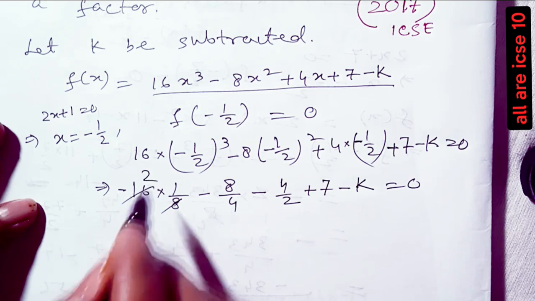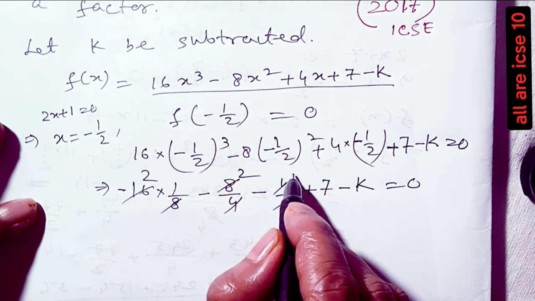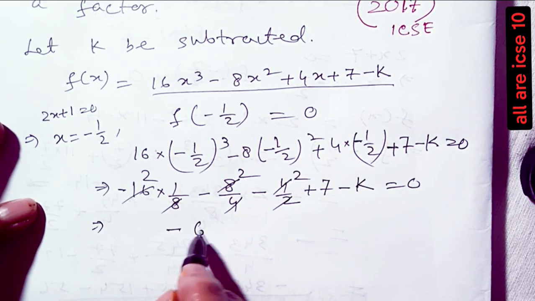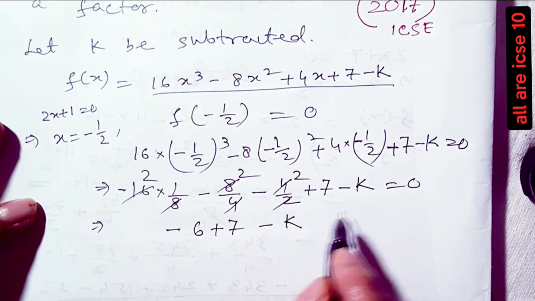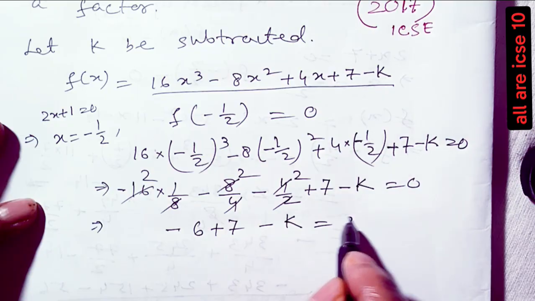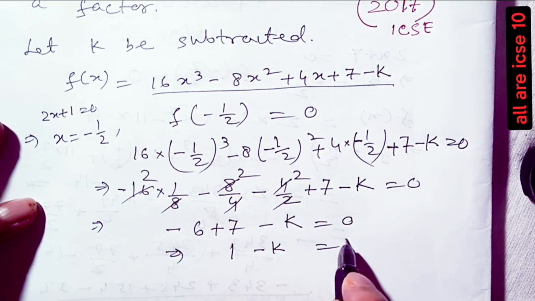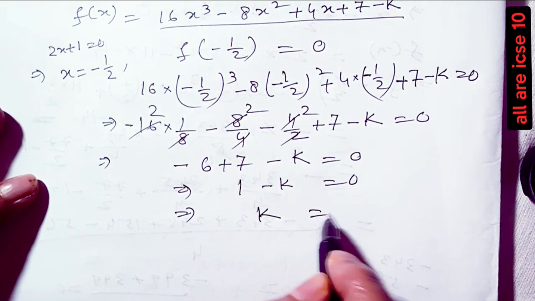Now this minus 2, this minus 2, this minus 2. So minus 2 minus 2 minus 2 minus 6 plus k minus 6 plus 7 minus k equal to 0. Now this is 1 minus k equal to 0. Therefore k equal to 1.